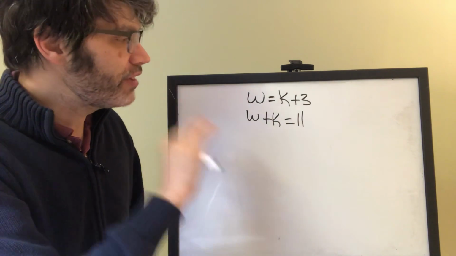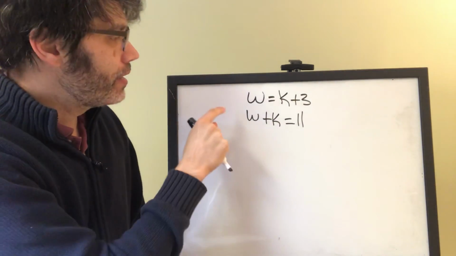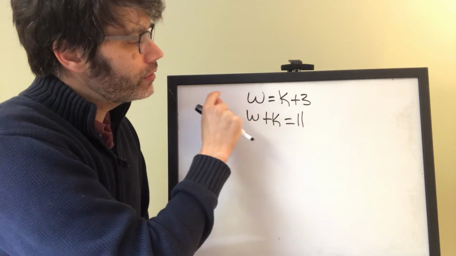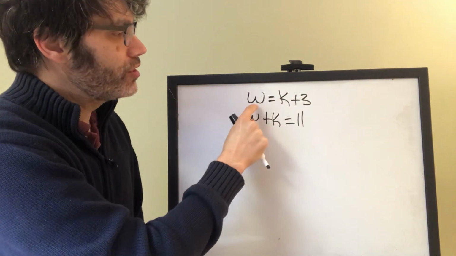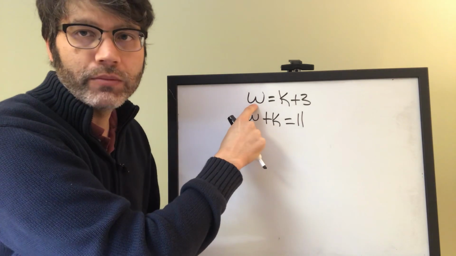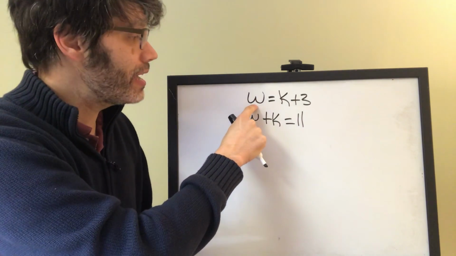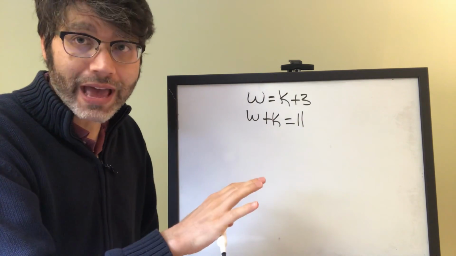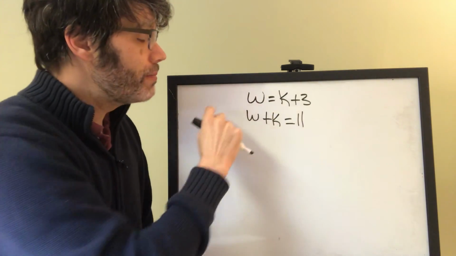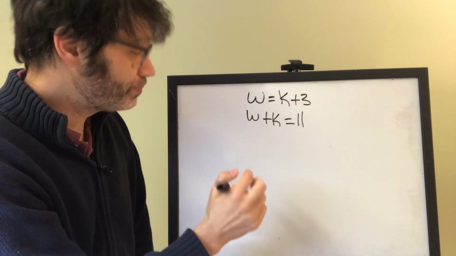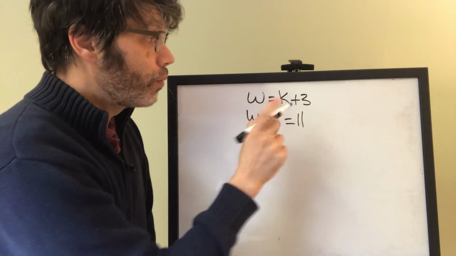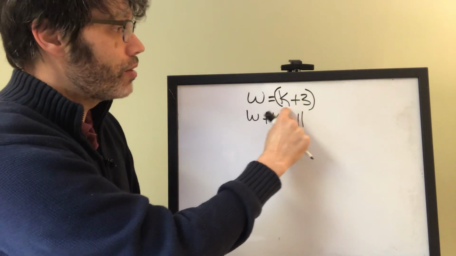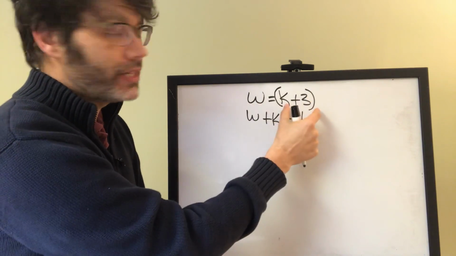All right, the first thing that I would look for when using the substitution method is to see if one of the equations already has one of the variables isolated. In this case, w is isolated in one of the equations. So let's use that. That's really helpful because what I would do is put parentheses around what w is equal to.